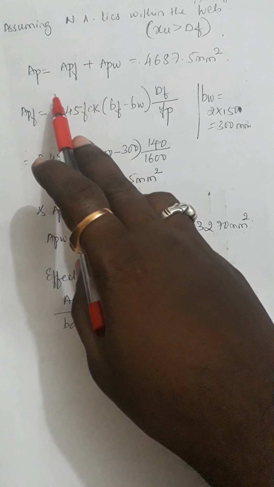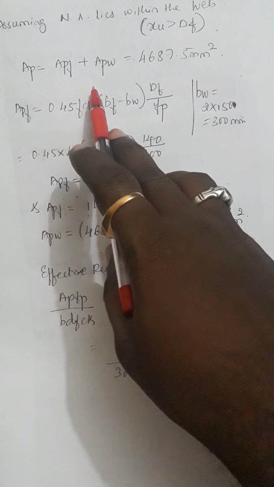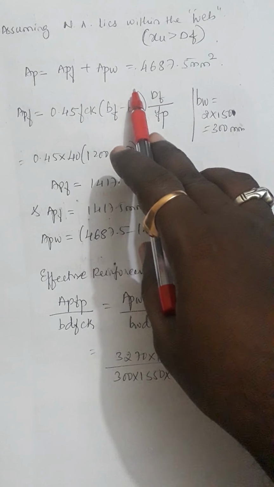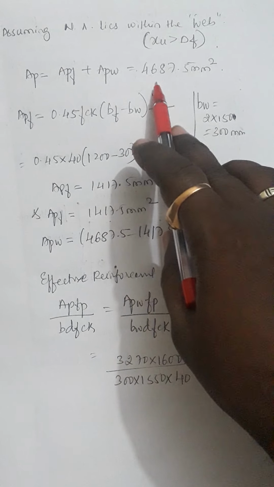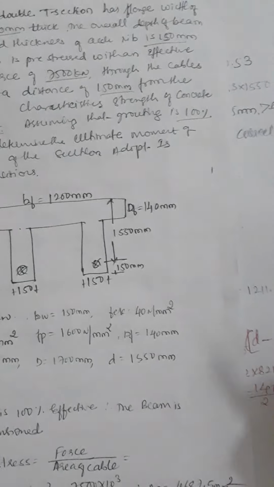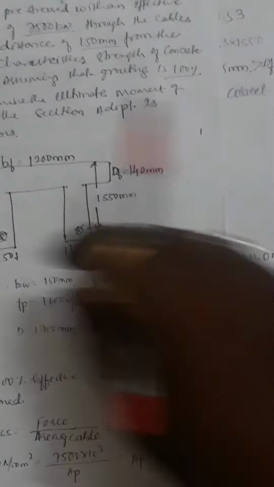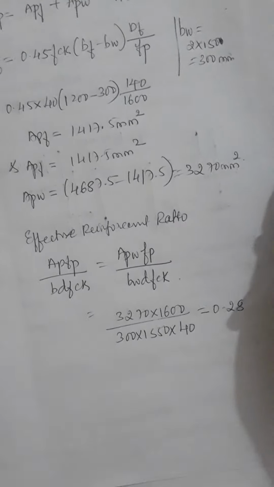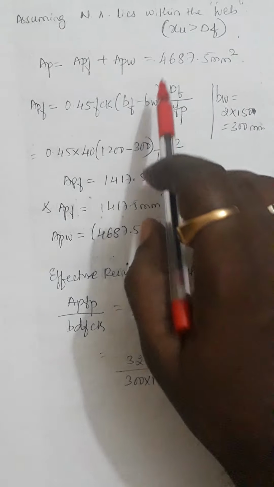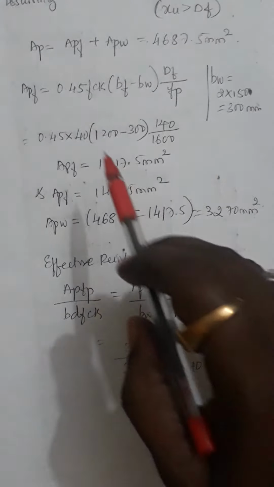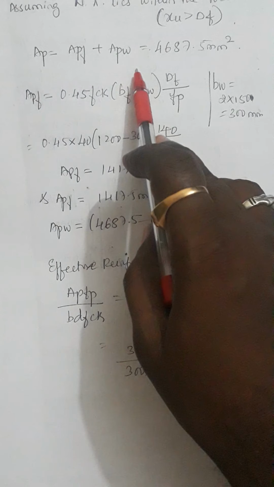So AP, area of pre-stressing, is equal to area of pre-stressing for flange plus area of pre-stressing for web. We got the total area of pre-stressing as 4687.5 mm square. In this you have to find area of pre-stressing flange and area of pre-stressing web.